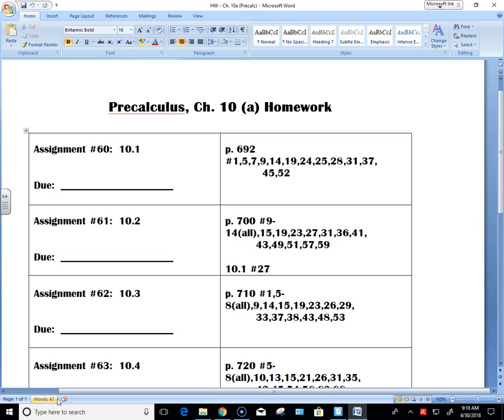H or k, if it's this way? H. X needs to change. So if x is first, then my h is going to add and subtract a. My h is going to add and subtract c for the foci, who's c away from the center.